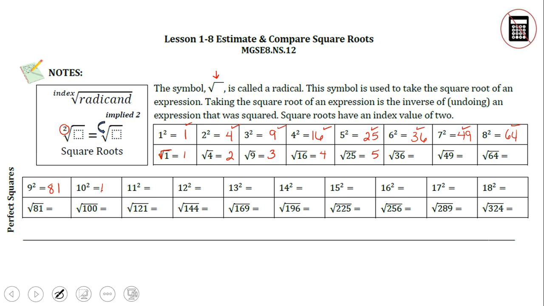We have 81, 100, 121, 144, 169, 196, 225, 256, 289, and 324. If you want to do 19 squared, that's 361, and 20 squared is 400. So ideally, you're going to want to memorize all these perfect squares. It will make the lesson much easier.